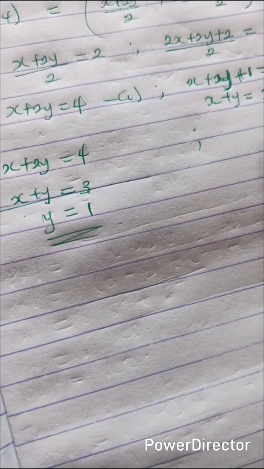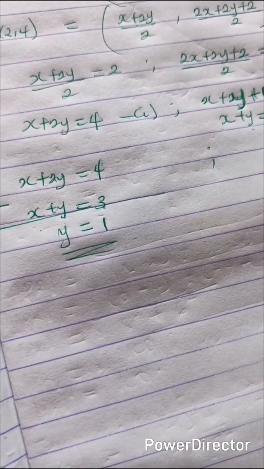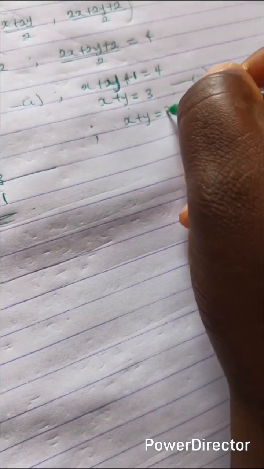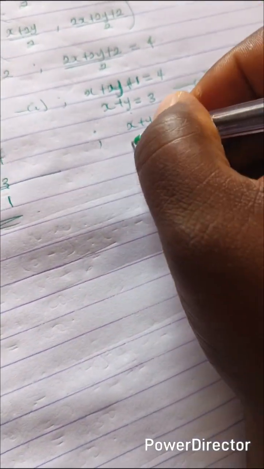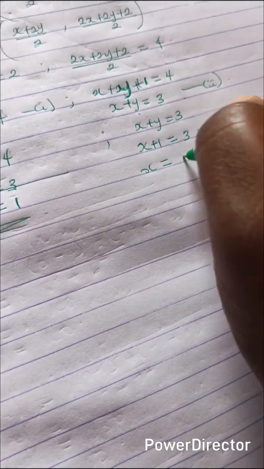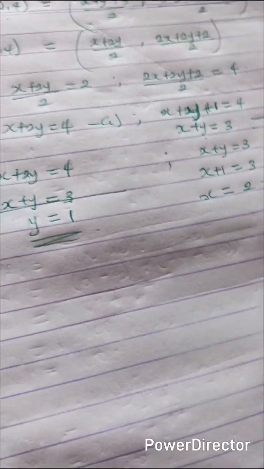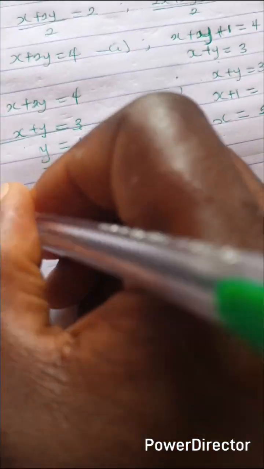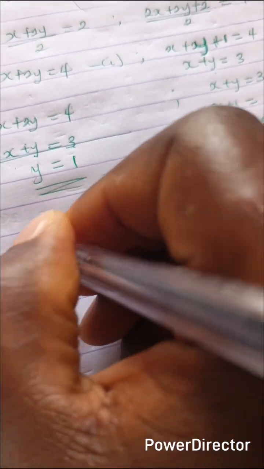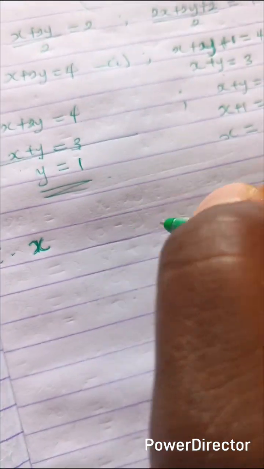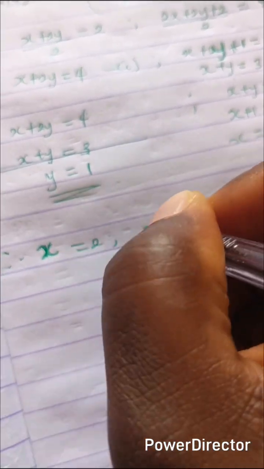And since I can pick any of these equations, if I pick x plus y equals 3 and my y is already 1, this one will become x plus 1 is equal to 3, and my x will be 3 minus 1, which is 2. Therefore the values of x and y are: x is equal to 2 and y is equal to 1.